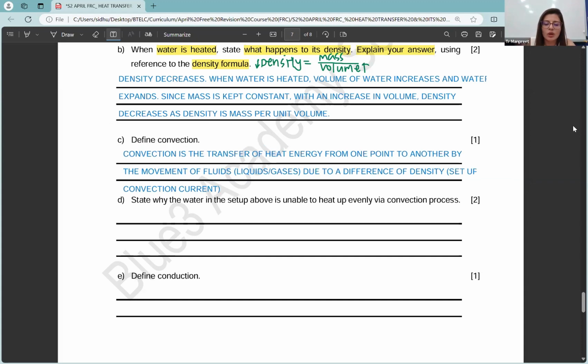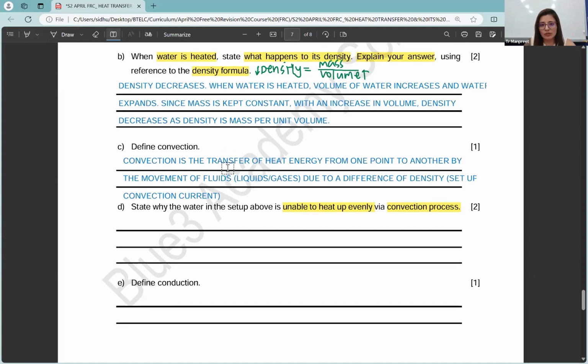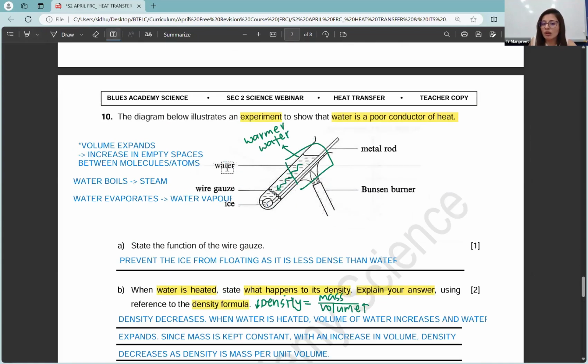Okay, next one. Why is the water in the setup above unable to heat up evenly? Here, they're asking you how come it cannot heat up evenly. That means there is no convection current. If it cannot heat up evenly, that means no convection current. So here is warmer.